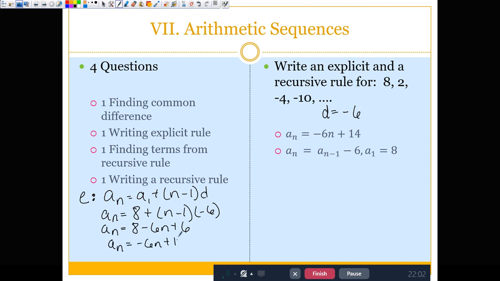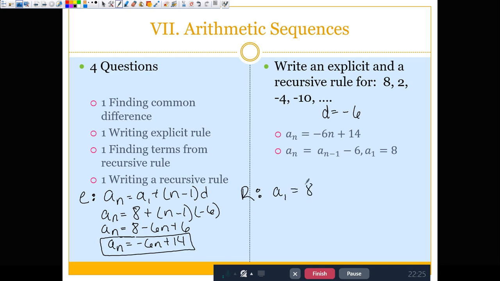So that is explicit. For recursive, it's extremely important that you include a1. If you do not include a1, you will get the problem incorrect, because otherwise you can't solve. Even if it's already there, you have to restate it.